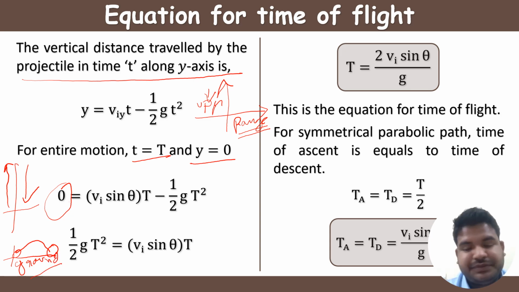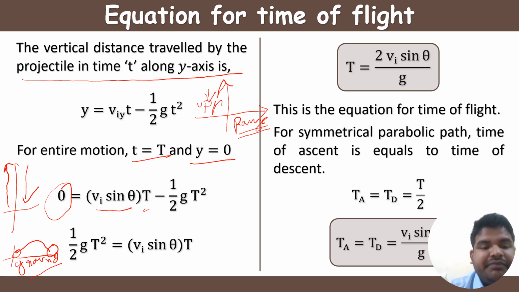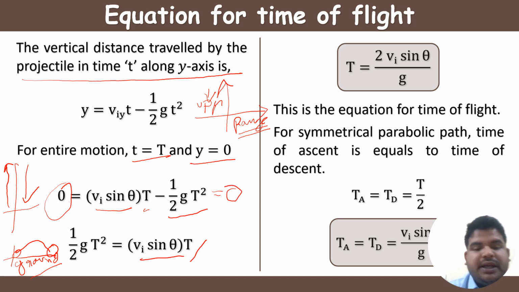Then the initial state in vertical position is 0 and the final state in vertical position is also 0. So vi sin theta T minus half g T square is equal to 0. Then half g T square is equal to vi sin theta into T, where T is the total time period taken by the football to reach its destination.